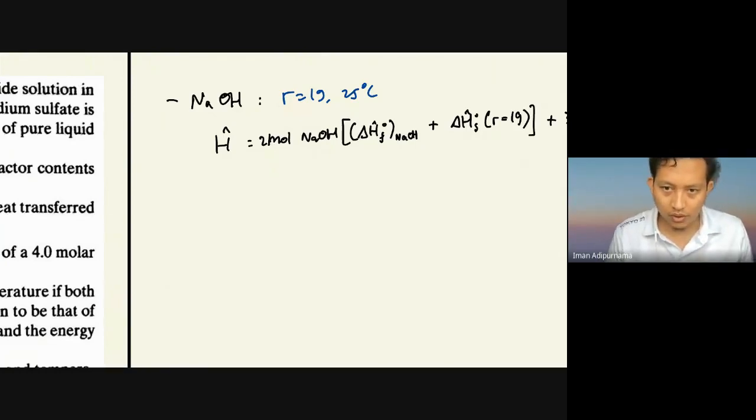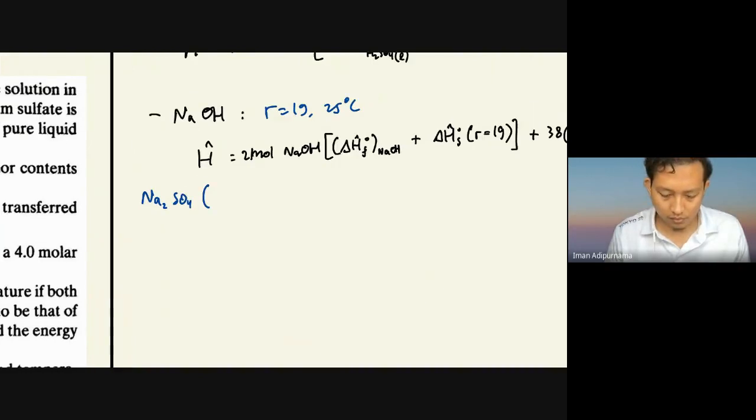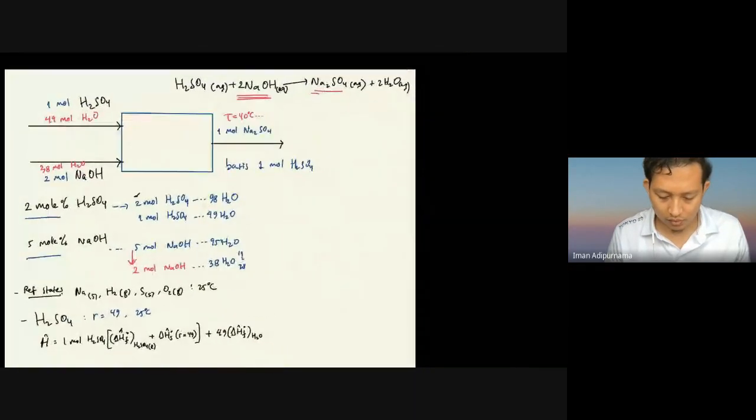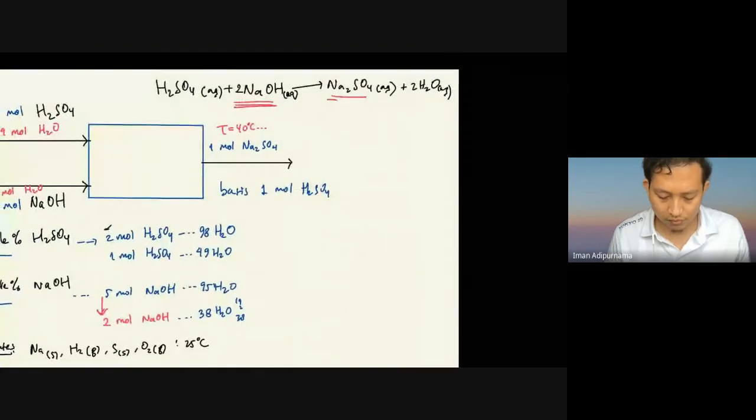And then you see the natrium sulfate. Check that you have 1 mole.